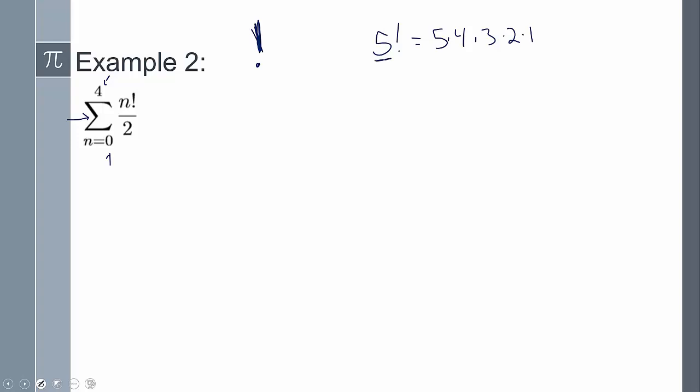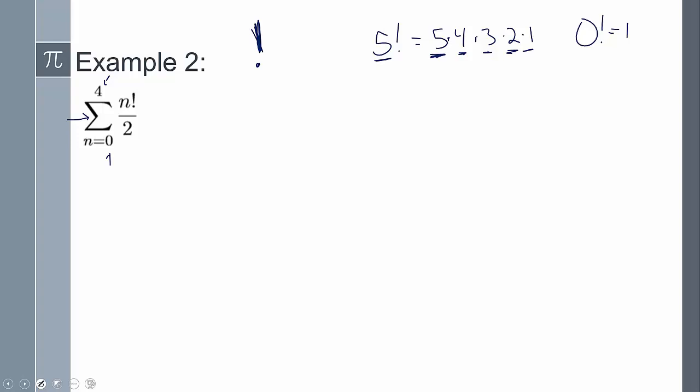So you start with the number 5 and you multiply by all of the factors counting down. The other little thing is 0 factorial equals 1. That's a definitional thing. We didn't really talk about it too much in this class, and I don't know if it's been talked about in other classes.